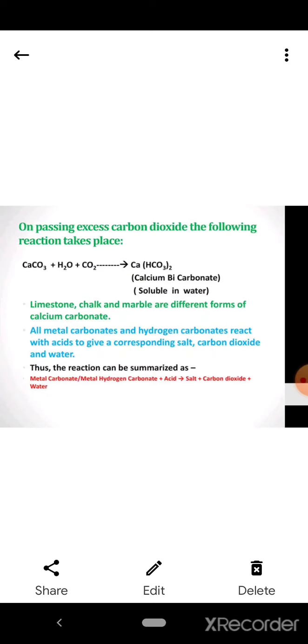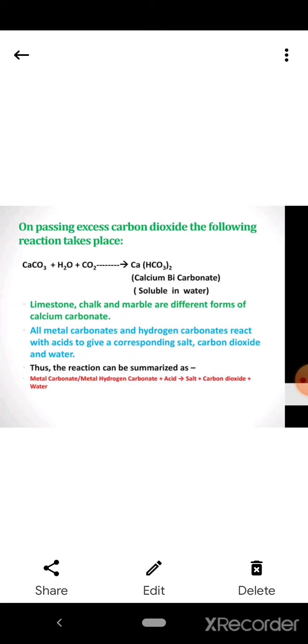Now see, what happens when you pass excess carbon dioxide? That is CaCO3, it reacts with water and carbon dioxide. Then the product obtained is what? Ca(HCO3)2 that is aqueous in nature.